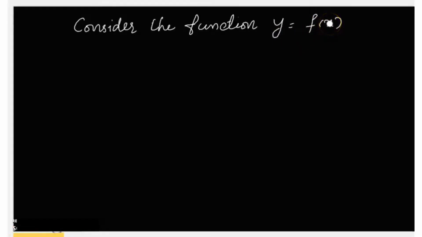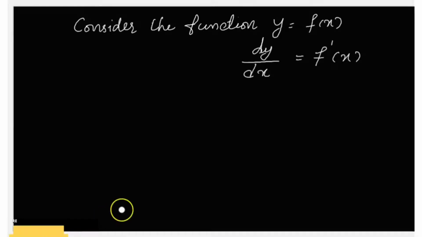Therefore, here x is the independent variable and y is the dependent variable. We know how to differentiate this function y with respect to x. That is, dy by dx is equal to the derivative of f of x, denoted by f dash x. This is how we differentiate a single variable function. Here the independent variable is x, therefore we are differentiating with respect to x.